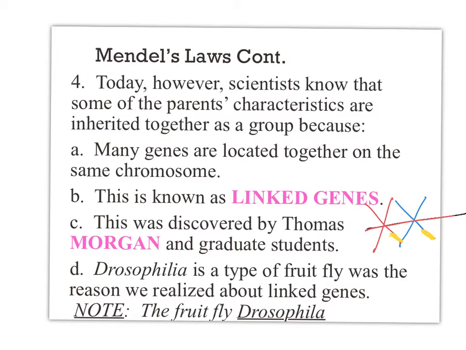So if you swap this yellow part, and there's a gene here and a gene here, they're very likely to come together, to be inherited together, because they're so close together.